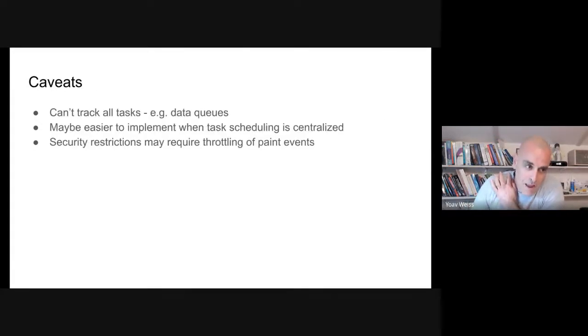A few caveats here. We cannot track all tasks. For example, for any kind of task tracking, if people are putting data into a queue and then reading it later after a timeout from a separate task, we don't have a way to correlate those tasks and say that those tasks are a continuation of one another.